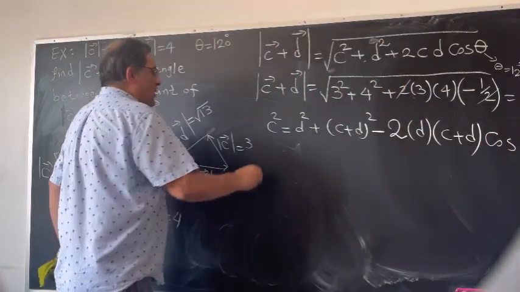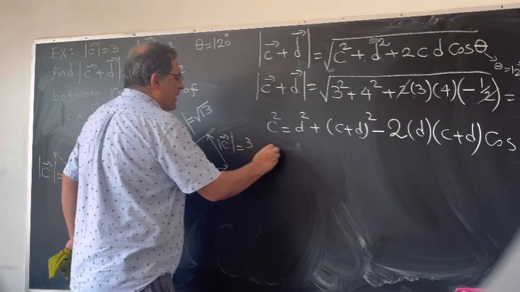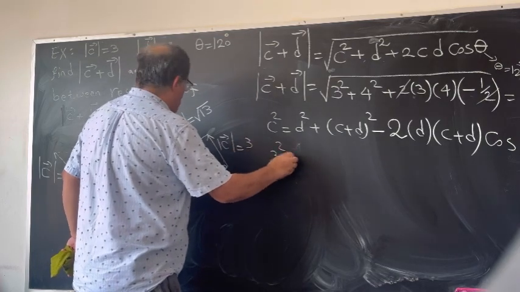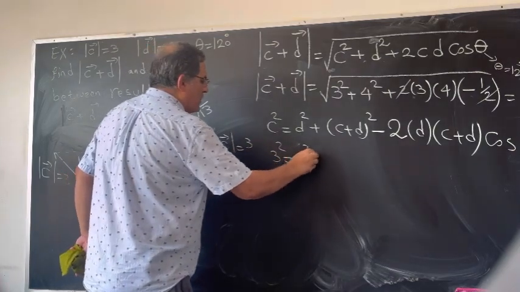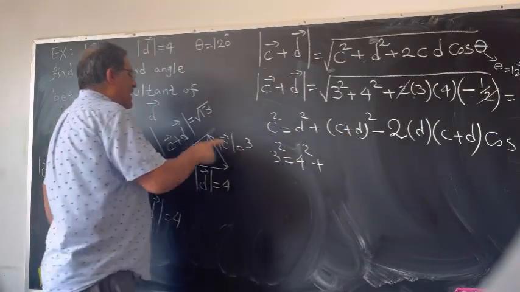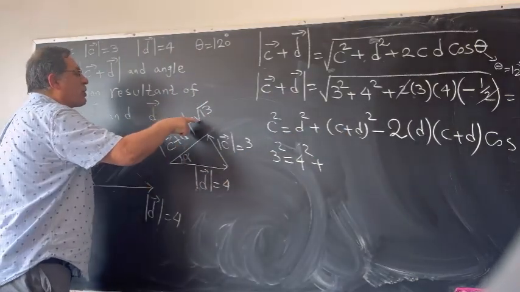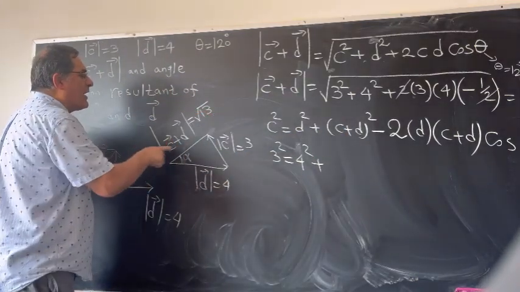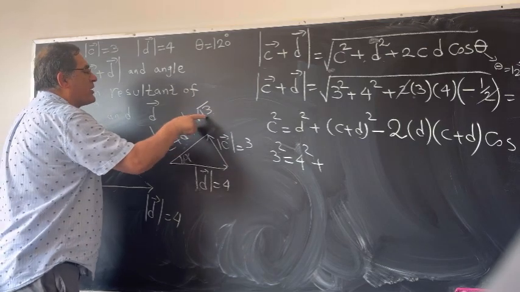C is how much? 3, so the magnitude of vector C squared. D is how much? 4. C plus D is radical 13.